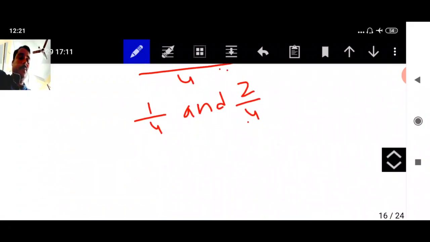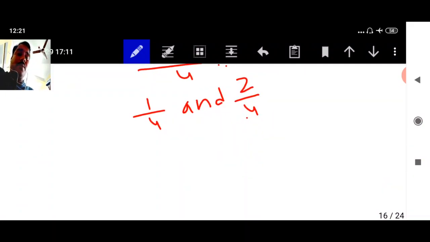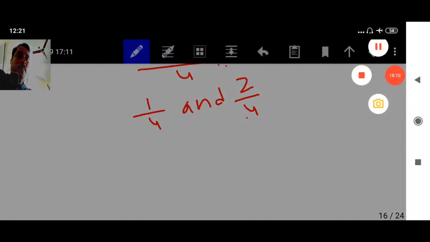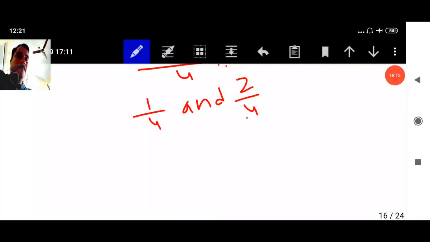Then we observe the numerators. The numerator is 1 and 2, and the denominator is 4 in both, so the denominators are the same. Observe the numerators 1 and 2: there is no gap between 1 and 2, so we multiply by a suitable number.